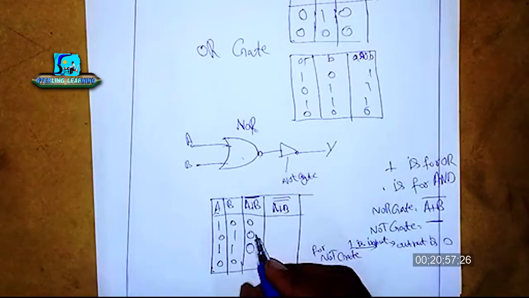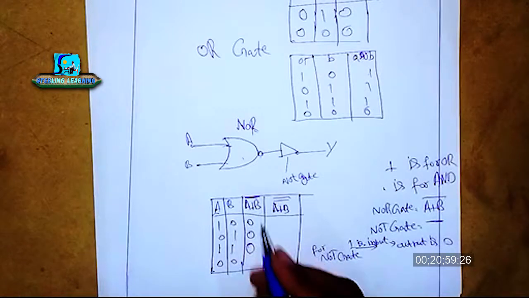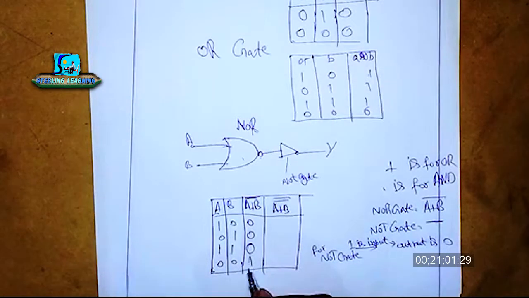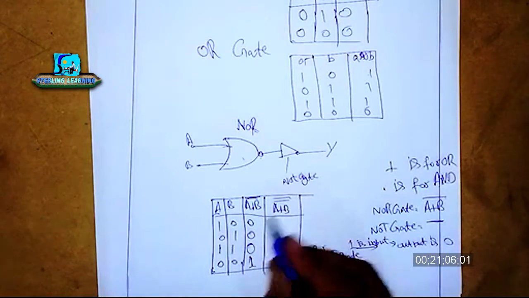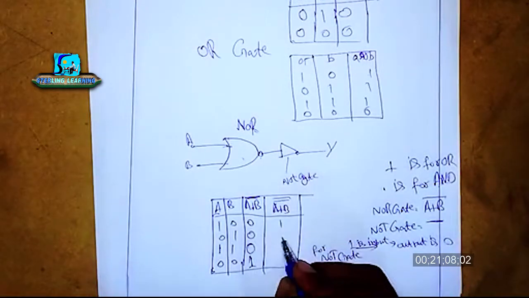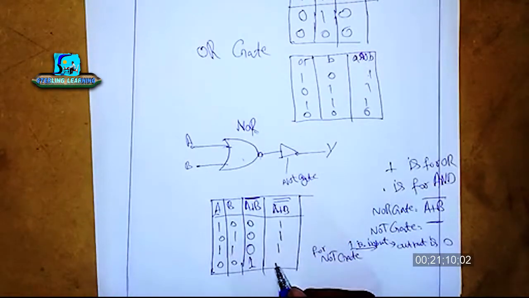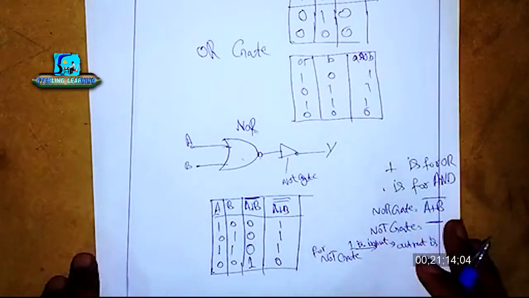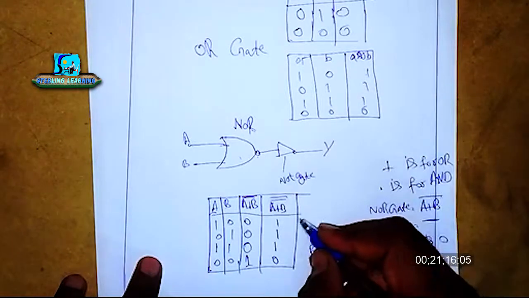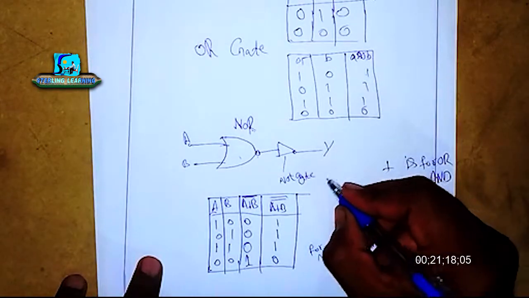So this whole value is barred, and it will become 1 0 1 0 1 1 1 0. So this is what a simple OR gate gives.